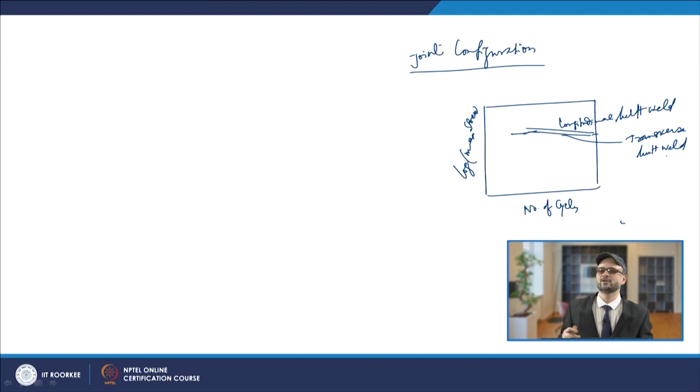So when you have a butt weld and your load is in the transverse direction, you will have a lesser life. Similarly, you may have the cruciform, and in case of cruciform, it goes like this.